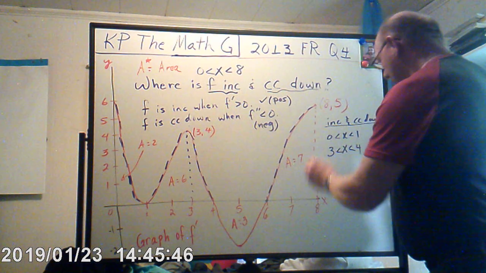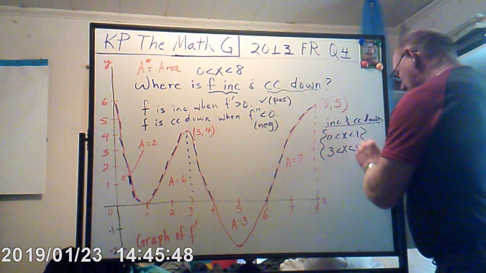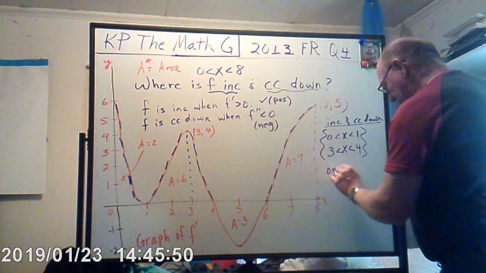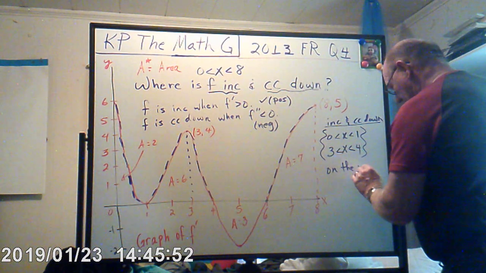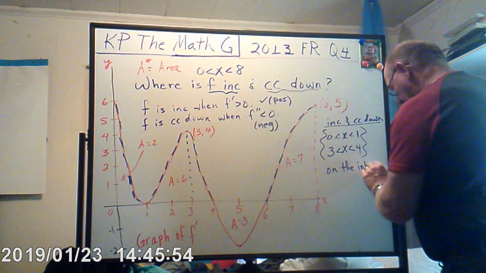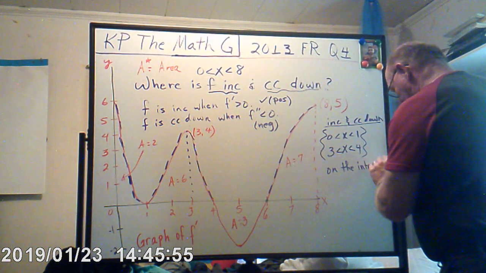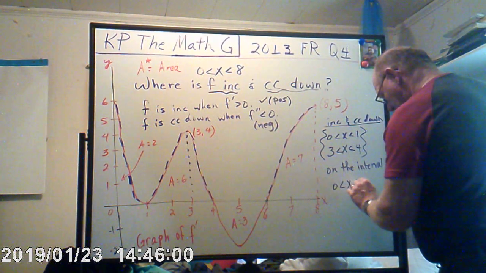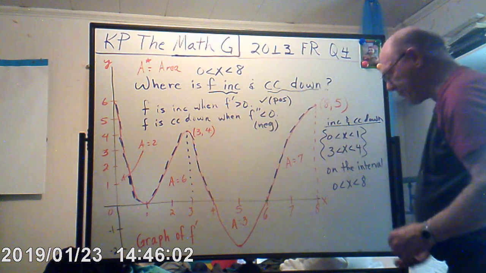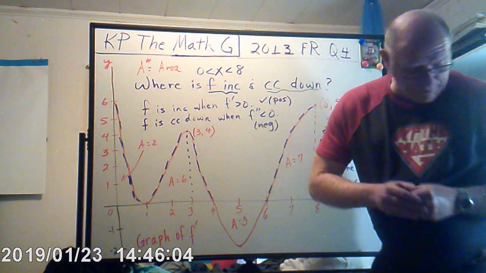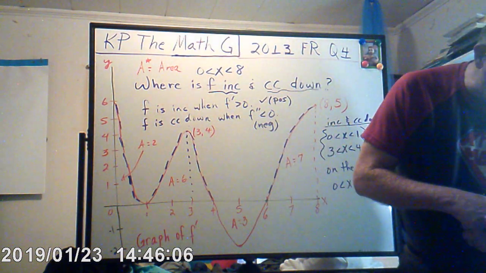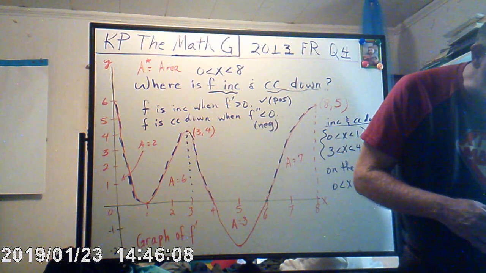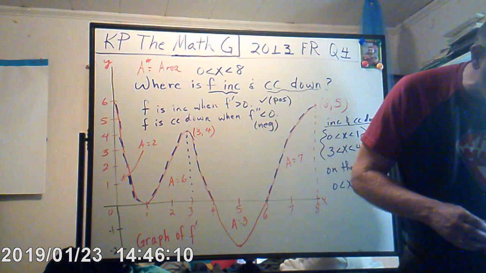These are the only two on the interval. F prime is decreasing and positive.